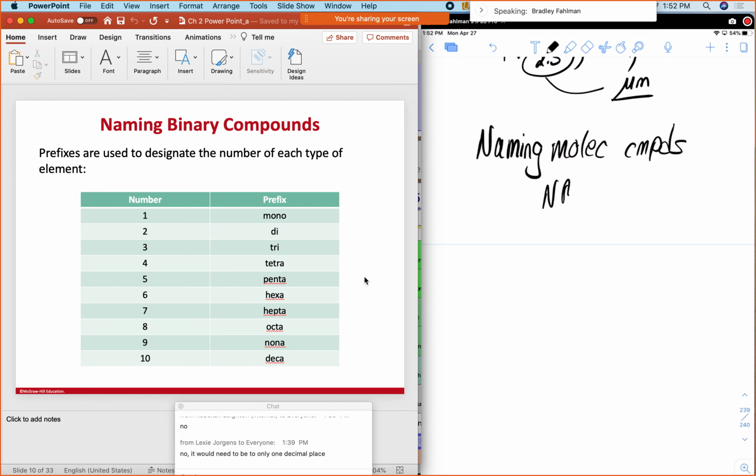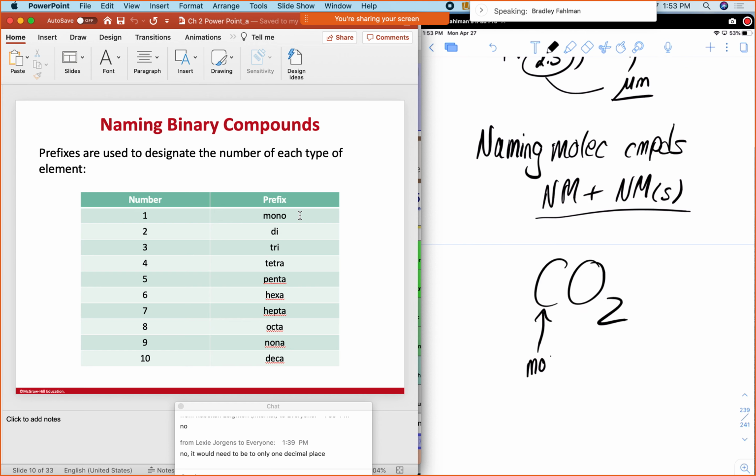That's nonmetal plus nonmetal, and there you have to use these prefixes. The only time you don't is for this: you don't say mono. If there's one of this one on the left, you just say carbon, and then it's dioxide. So this is carbon monoxide.